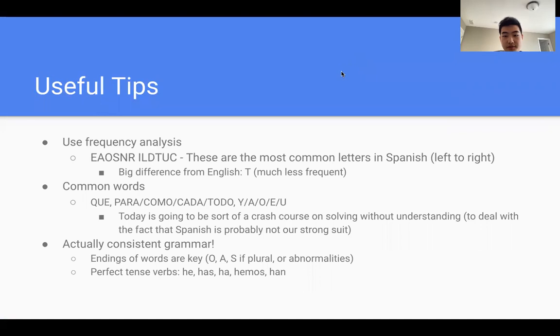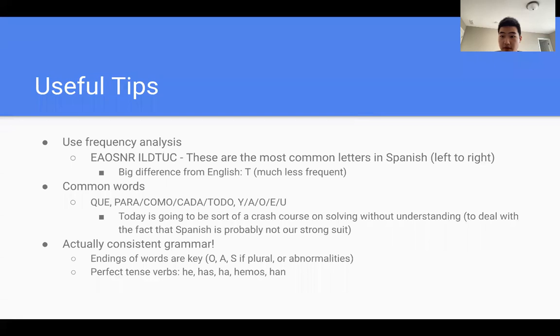And then another thing is that you have very standardized ways to form words. For instance, if I have a noun, and by the way, in case you didn't know, Spanish assigns nouns different genders. Male nouns will end in O, and if you want to say 'the' before a male noun, you would say el, whatever the noun is.